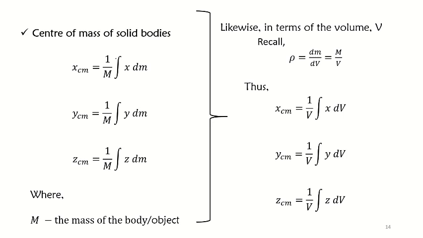Here you have 1 over capital M, where capital M is the total mass, the sum of the individual masses that make up that system, times the integral of x dm. dm is the elemental mass. These expressions are much more beneficial when such solid bodies are assumed to be uniform. So you just take an elemental mass, dm, and integrate over the entire body to get the final expression.